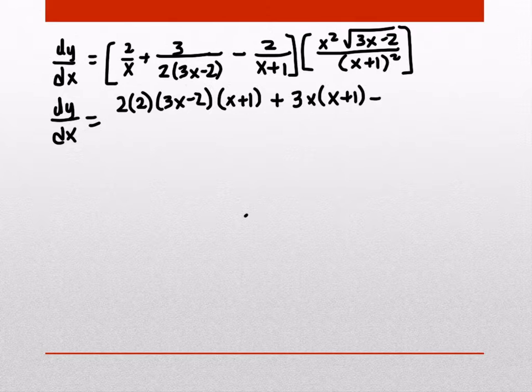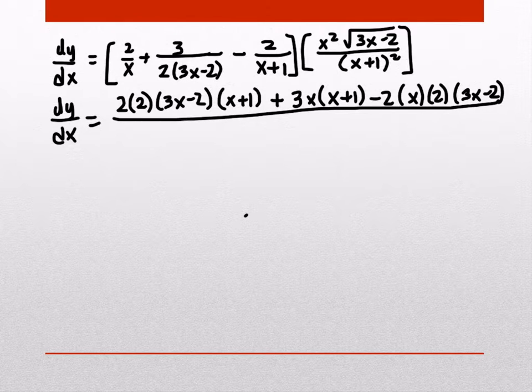And then the 2 at the end will have to be multiplied by the x, by the 2, and by the 3x minus 2. And all of that is going to be over what? The x, the 2, I'll put it in front, the 3x minus 2, and the x plus 1.